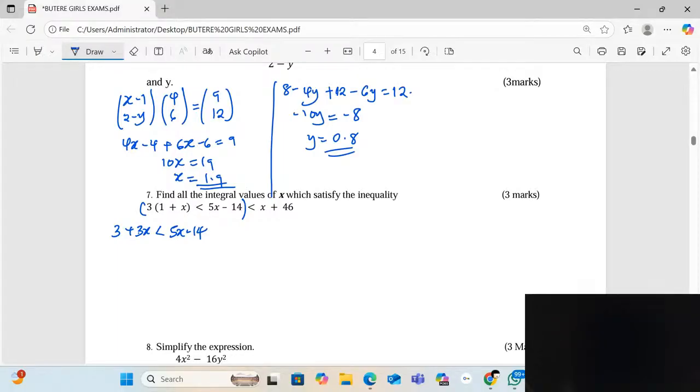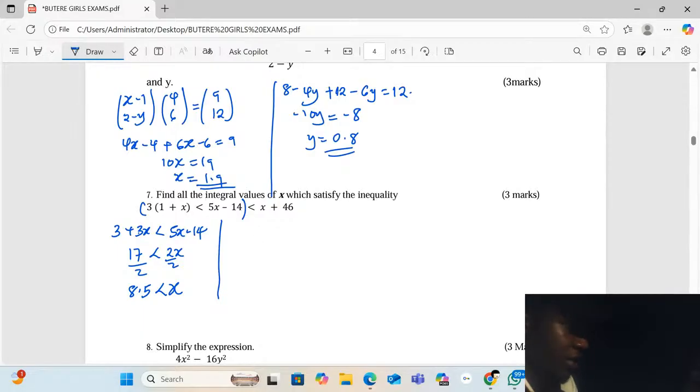Then we collect like terms so that we shall have 17 is less than 2x. So we divide by 2, we have 8.5 is less than x. Then we look for the other two sides.